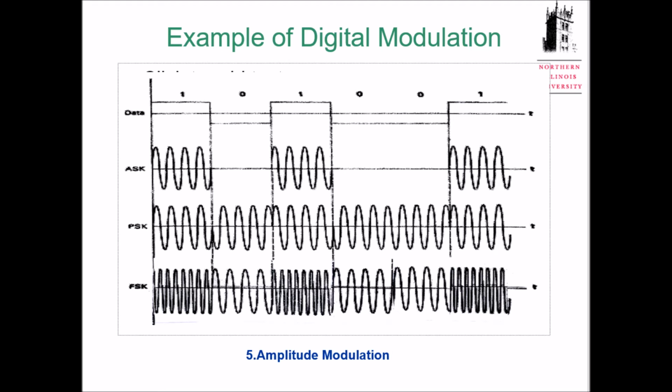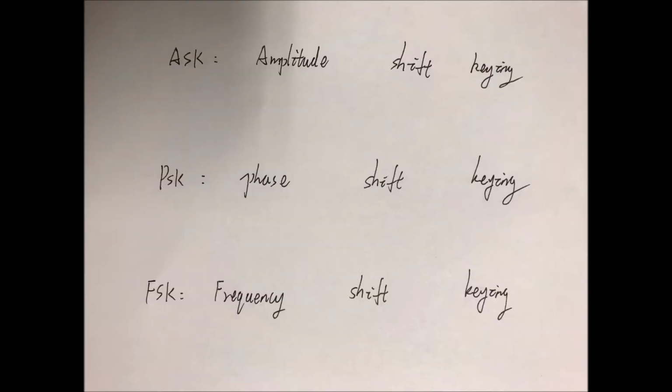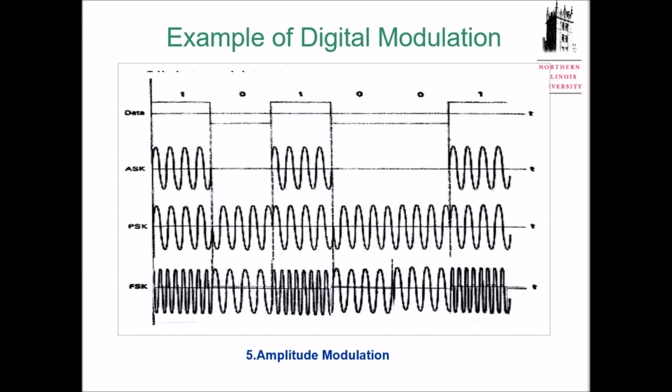Now I don't want to change my amplitude, but I change my phase. For bit 1, this is my initial phase starting from 0. And here, starting from pi. So I have two different initial phases carrying different bits. I'm going to have PSK. PSK means phase shift keying. Okay, the last one. I don't change my amplitude. I keep my phase, we do not change phase.